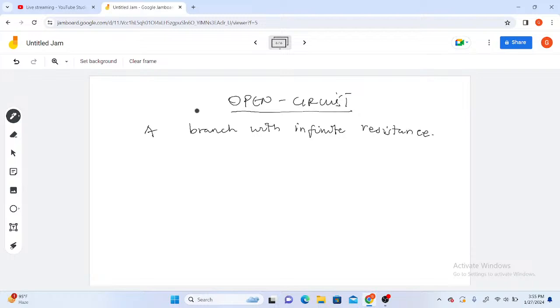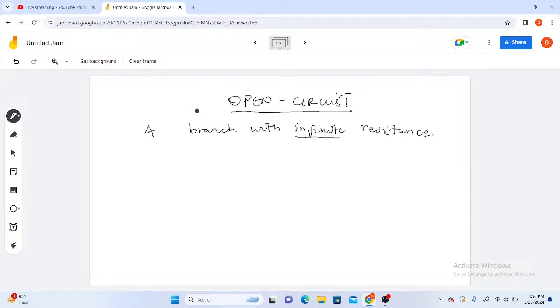Remember, short circuit is 0, so the opposite of short circuit is open circuit. You have a branch, but that branch has an infinite resistance, so we call that open circuit. Infinite resistance means that the current coming cannot overcome such an obstacle because it's infinite.